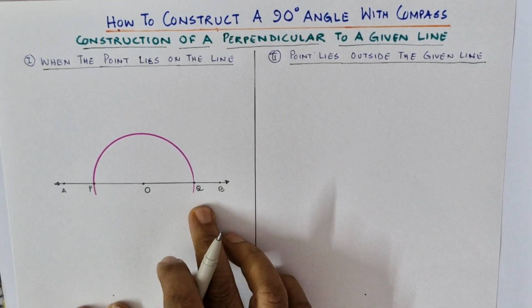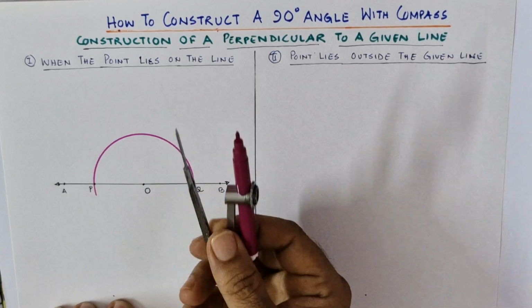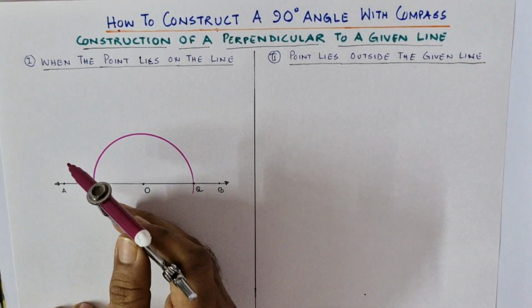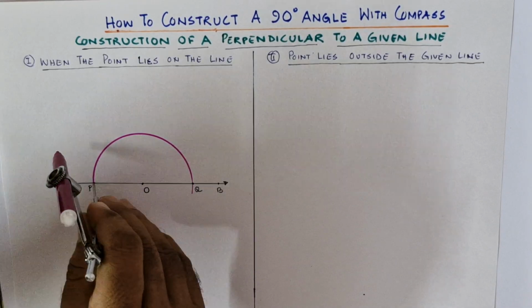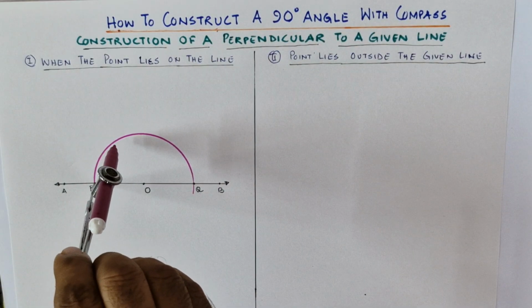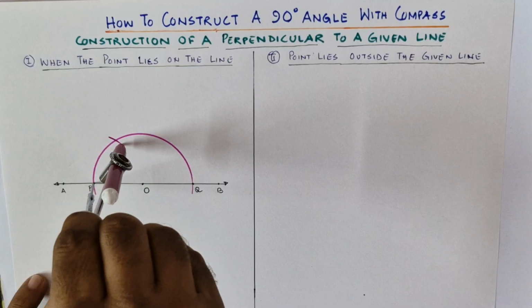So P and Q. Now, do not change the radius with which you have drawn this arc. Got it? Now take P as center. Taking P as center, cut the arc. See?